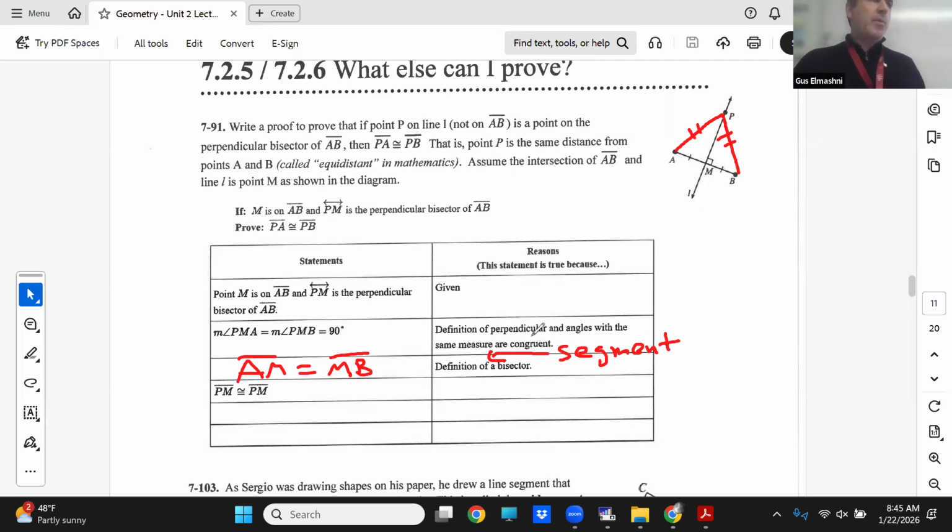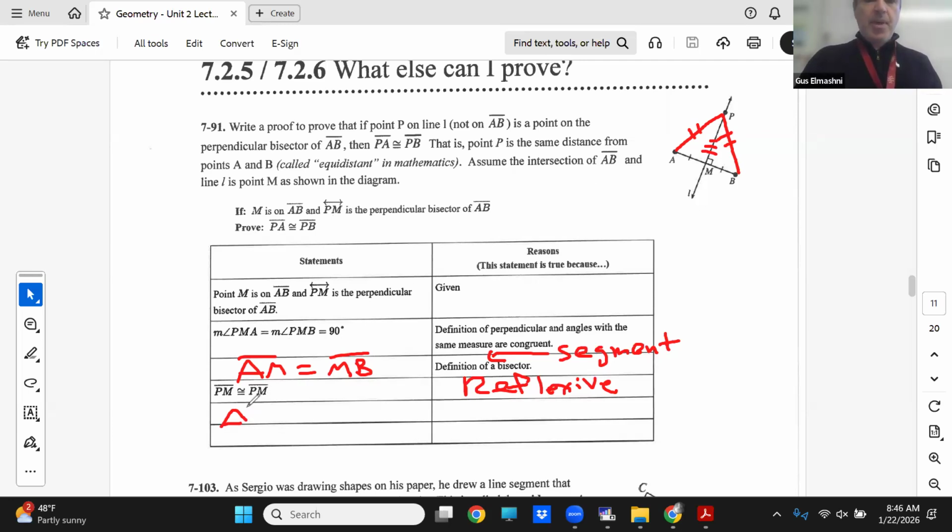PM equals PM. Why do we call that? Good, reflexive. All right. And then probably going to do something with triangles, right? I mean, that's the whole point of what we've been doing. So what triangles are the same? Go ahead, Connor. APM. Yeah, BPM. Good. And you said it in the perfect order. What's your reason? Correct. Good. Yeah, because you know that PM equals PM, right?